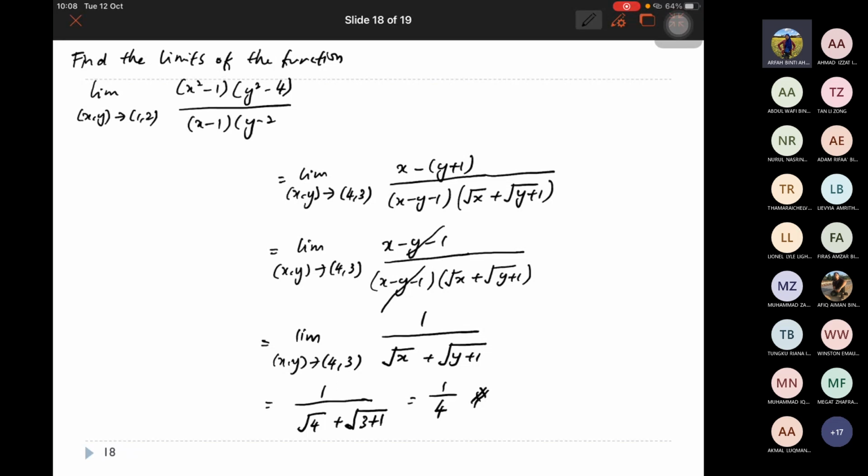Cuba buat. Bagi saya berapa jawapan dia? Jawapan akhir. Tengok ada yang betul tak? Cuba try this one. Apa yang awak boleh buat to make it simple. To simplify the function.